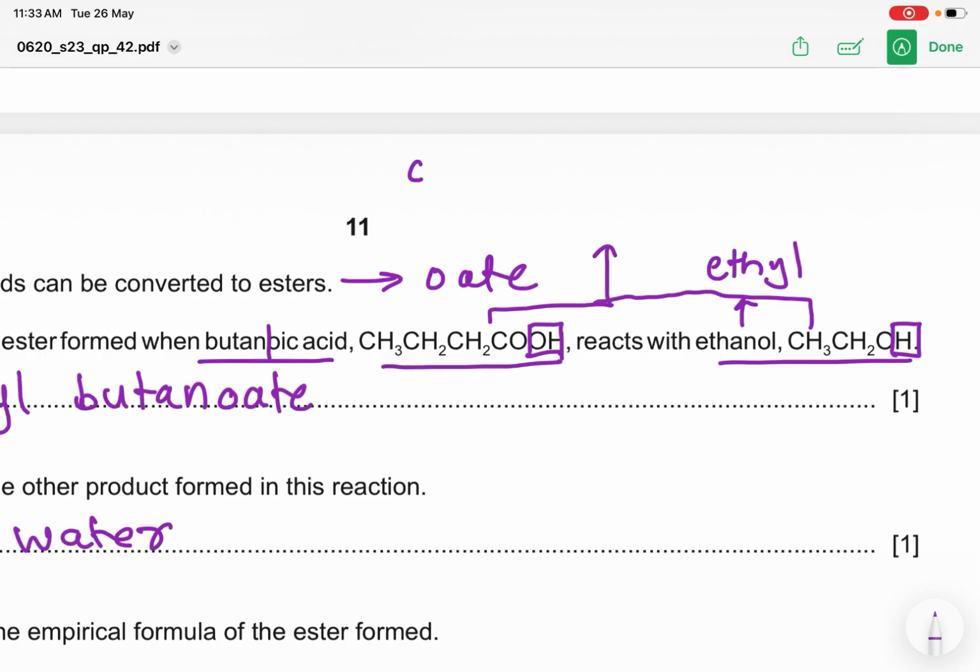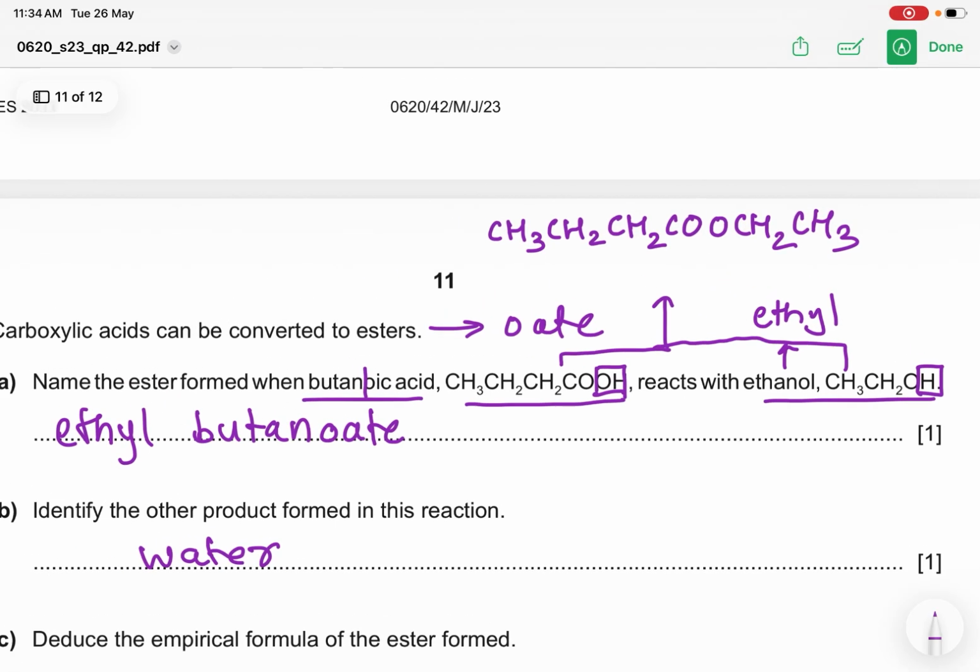So, which is my CH3, CH2, CH2CO, and I'll flip this. So it is O, the ethanol part I will flip. So O, CH2, CH3. Now I will have to find my molecular formula first, that is how many carbon, hydrogen and oxygen atoms I have.